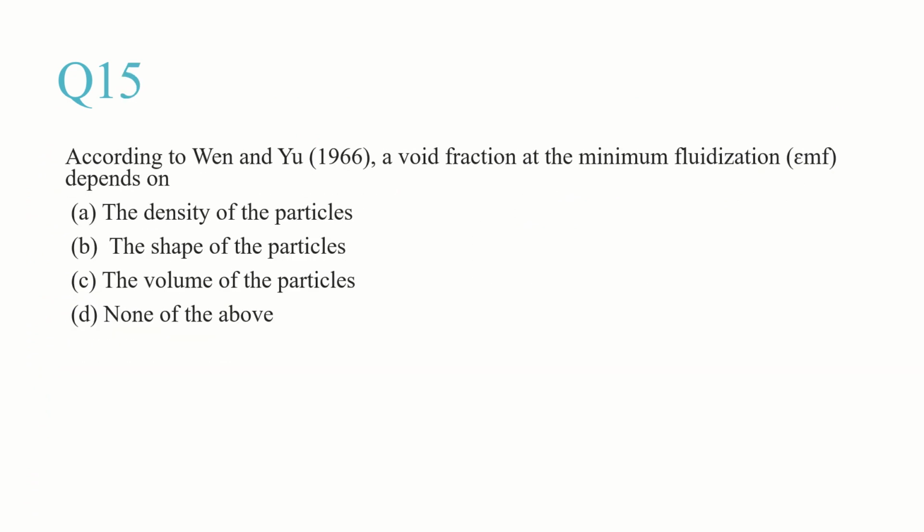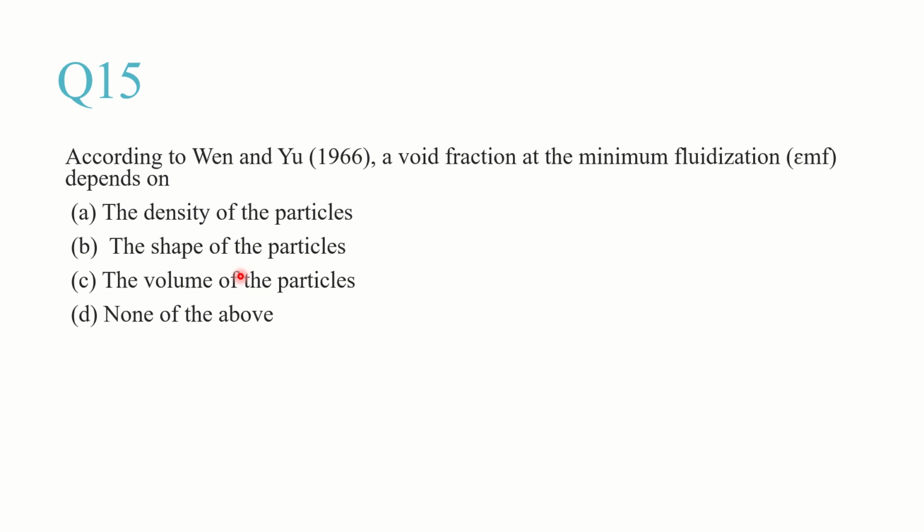According to Wen and Yu, the void fraction at minimum fluidization depends on: density of the particles, shape of the particles, volume of the particles, or none of the above. So what does void fraction at minimum fluidization condition depend on? We all know the packing fraction.